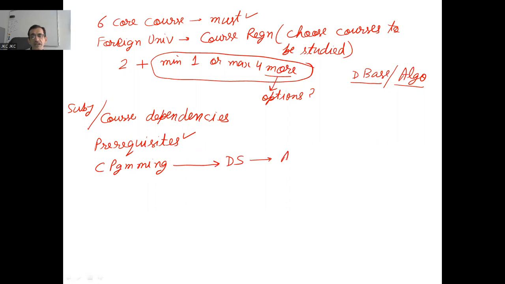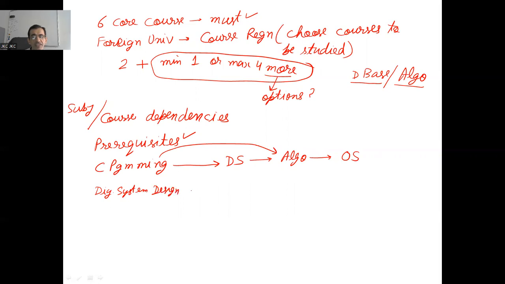If you want to study algorithms, you must have studied C programming as well as data structures. So for algorithms, both are prerequisites. Once you have studied algorithms, only then can you study OS. For studying OS, you must have studied digital system design initially, without any prerequisite.